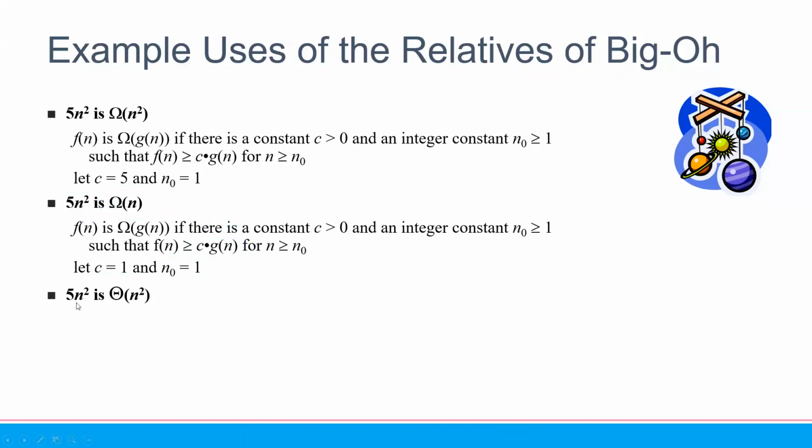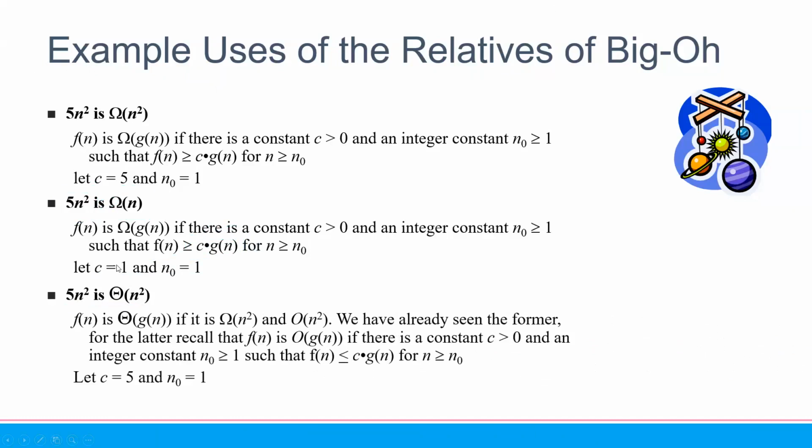What about 5 multiplied by n^2 being big theta of n^2? By intuition, the notation should be equal if it is big theta. Then yes, this is true.